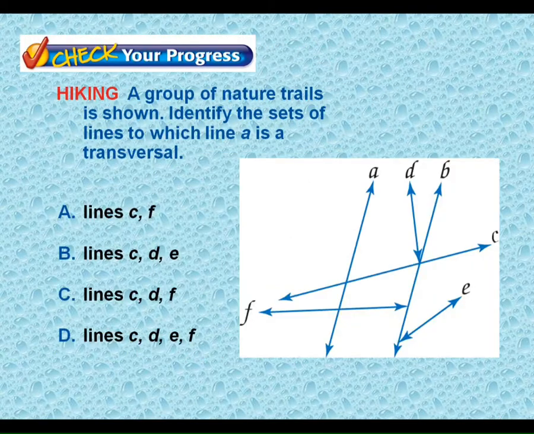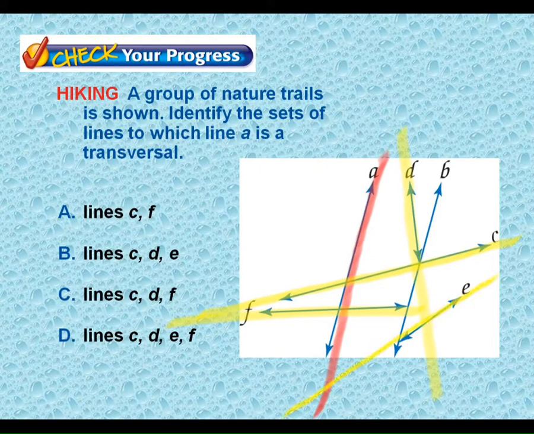Okay. So looking at this different figure, identify the sets of lines to which A is a transversal. Well, it would be a transversal to C, right? They intersect there. It would be a transversal to F. What about D? Yep, they would intersect.